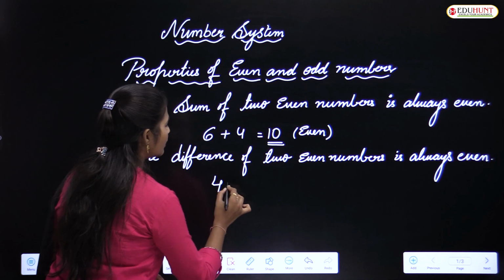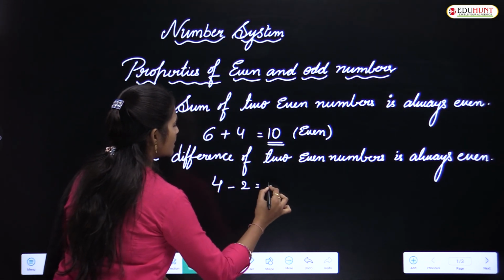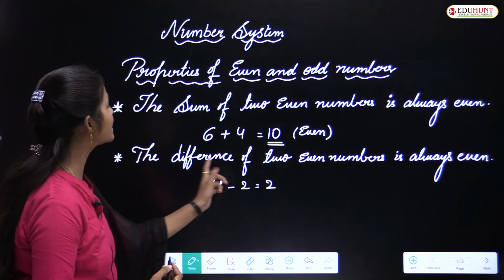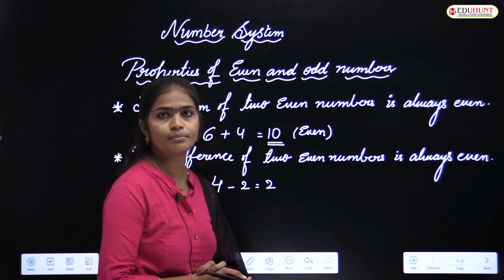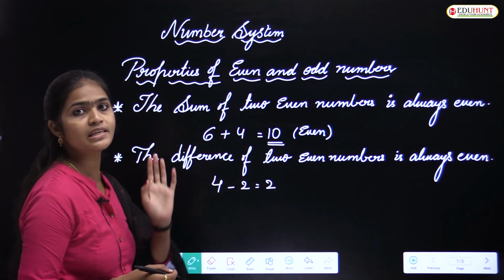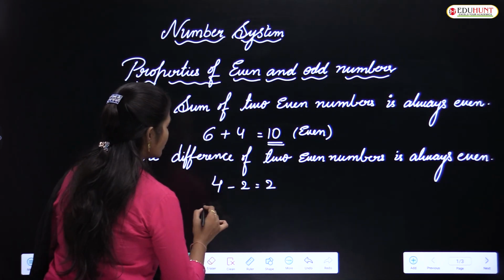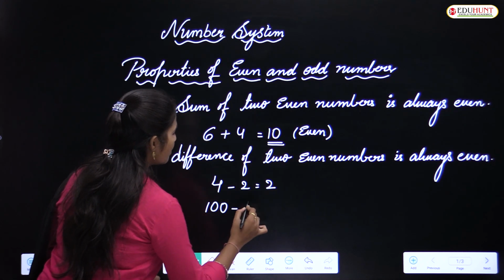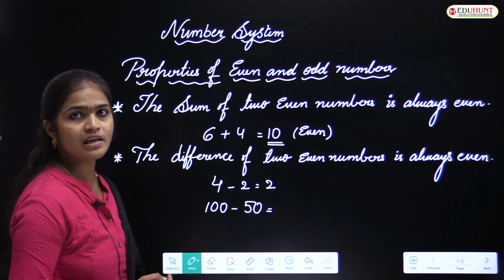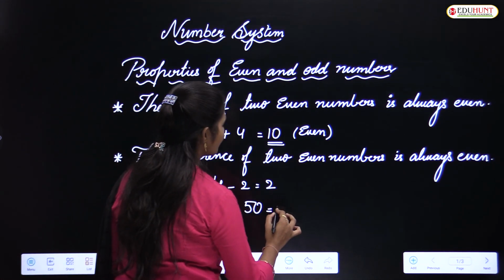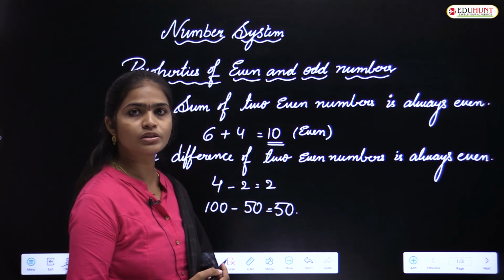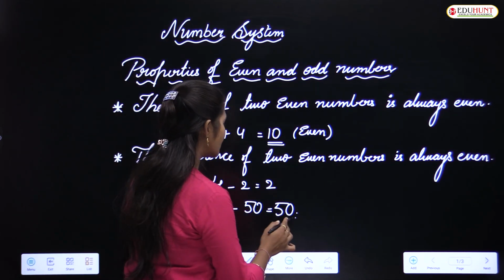So I am going to take 4 minus 2 is equal to 2. 4 is an even number, 2 is an even number, its difference is also an even number. So for example, 100 minus 50. 100 is an even number, 50 is also an even number. So 100 minus 50 is equal to 50 only, no? So is 50 an even number? Yes, of course 50 is an even number.